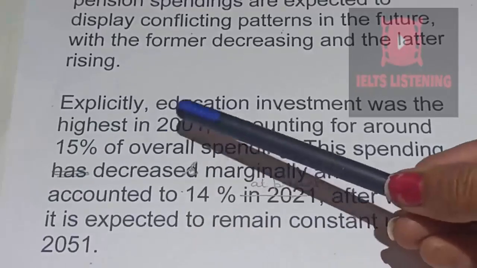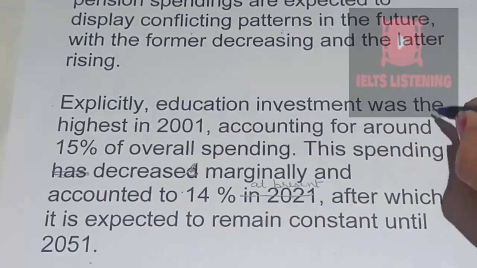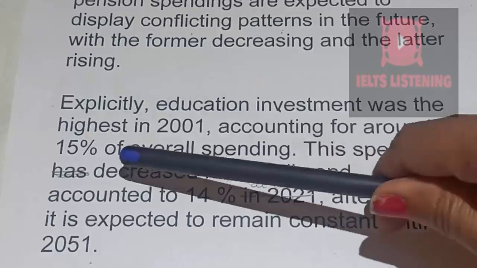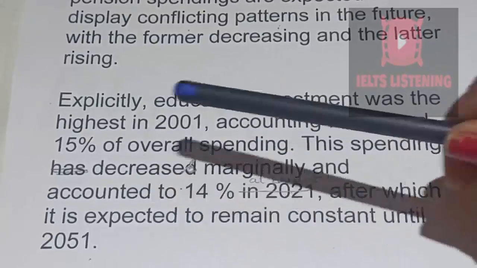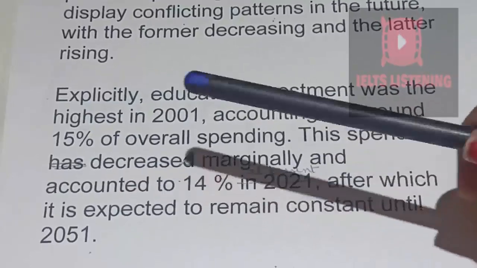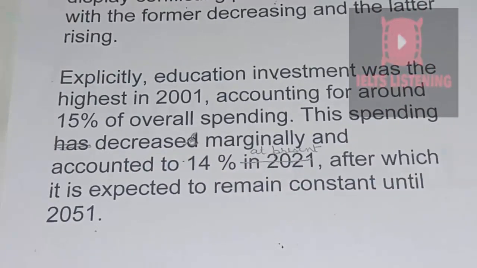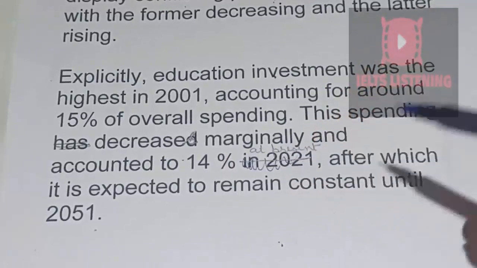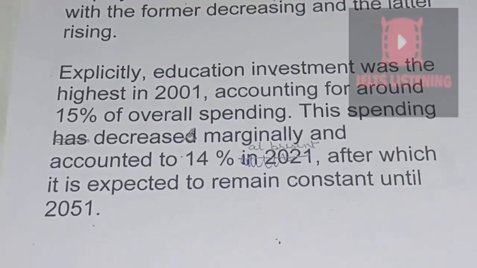Now explicitly, education investment was the highest in 2001, accounting for around 15% of overall spending. This spending decreased marginally and accounted for 14% at present. So instead of writing 2021, we can write at present it is 14%, after which it is expected to remain constant until 2051.